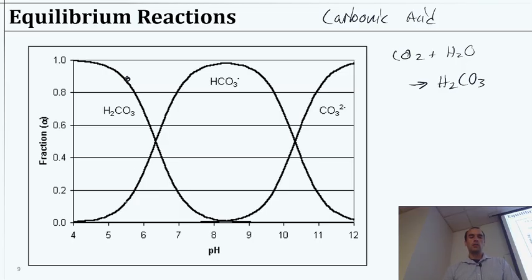So at pH, let's say 5.5, we will have an equilibrium between this carbonic acid and what we call bicarbonate, HCO3-, and about 90% of the total carbonate will be in the form of carbonic acid here, and about 10%, whatever's remaining, will pretty much be in that. Or maybe I should draw it that way.